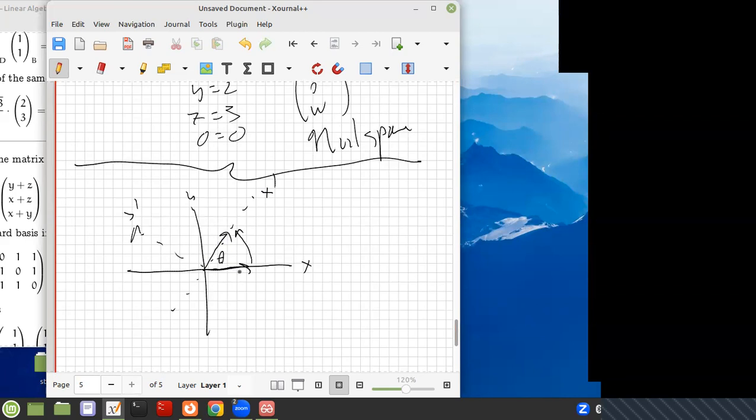In this basis, if I rotate by 45 degrees or by theta, and I'm doing it from the original basis to this basis, it will just take 2, 0 to 2, 0, because all the complexity of the rotation is in the basis change. That's all it's saying. It's saying that I can find a basis in which the map acts as almost the identity.